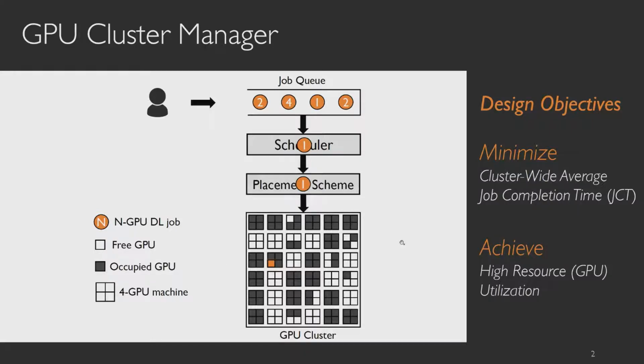So here we see that the 1-GPU job eventually is mapped to a single free GPU in a node. The goal of these 2 components is to minimize the cluster-wide average job completion time, JCT. But keep in mind that this is only one of the objectives. Depending on the requirements of the team or the company, you could have different objectives.